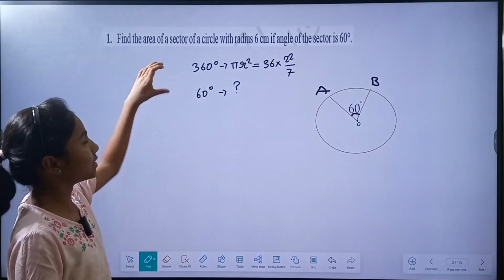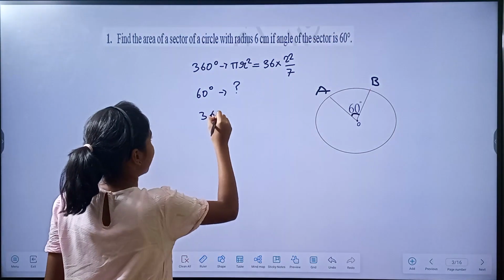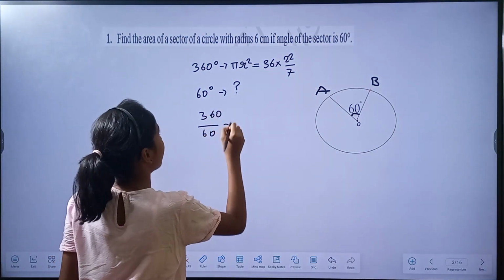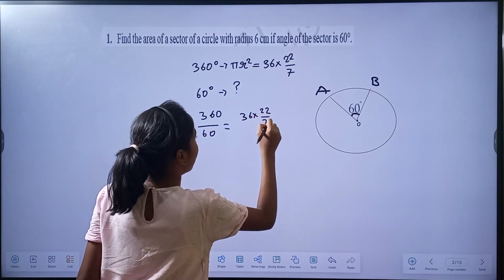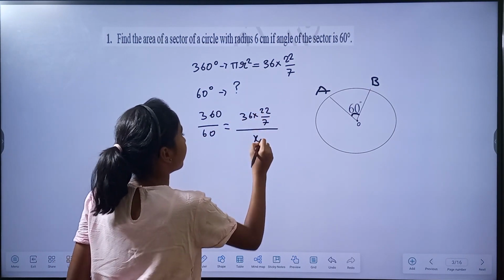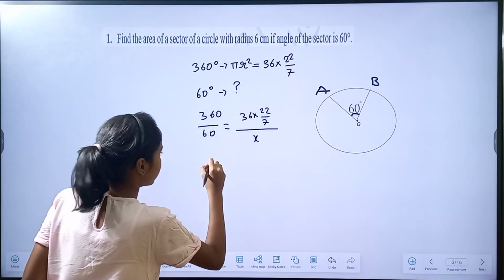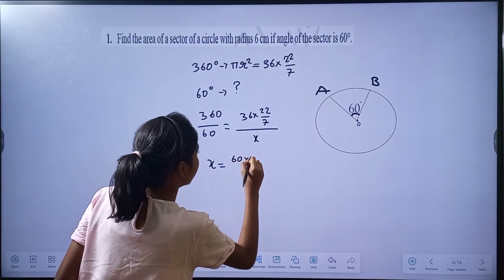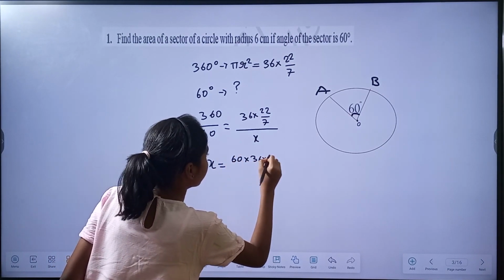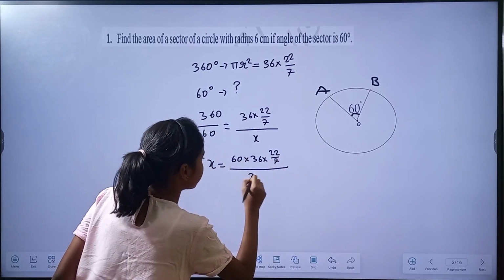As these two quantities are directly proportional, we can write the equal ratios: 360 by 60 equals 36 into 22 by 7 whole divided by the area we have to find, let us take it as x. So x equals 60 into 36 into 22 by 7 whole divided by 360.